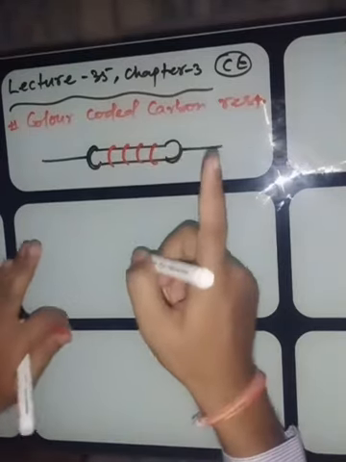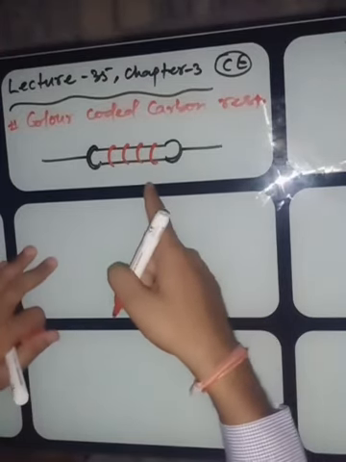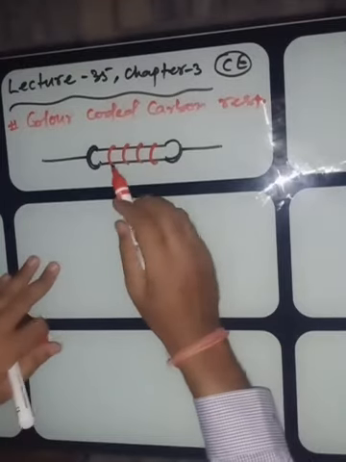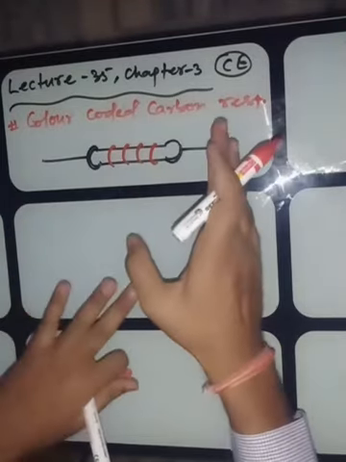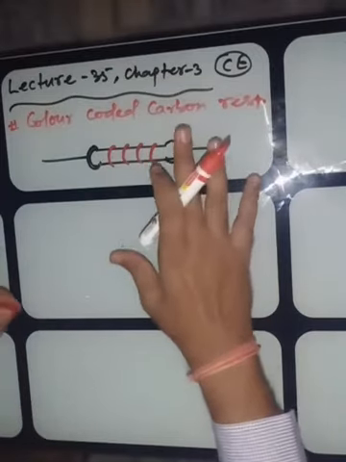Minimum 3 rings will be there. Remember students, it is not necessary that the 4th ring will be available, but minimum 3 rings will be there. If the 4th ring is not there, then that will be no color, and all the rings may have different colors.